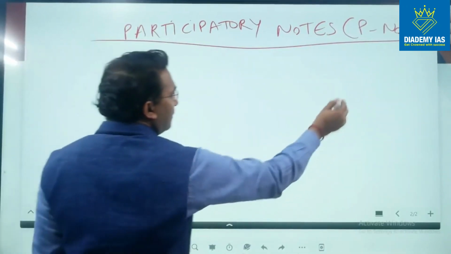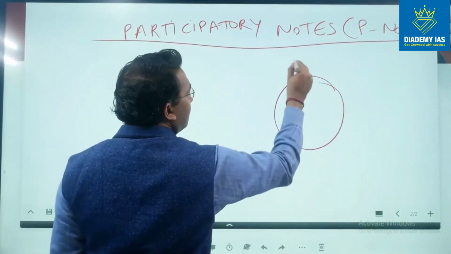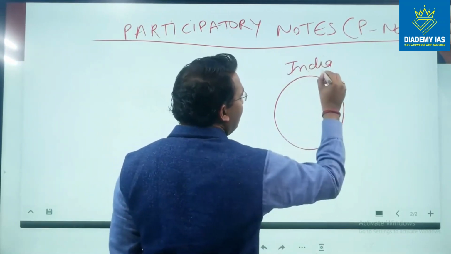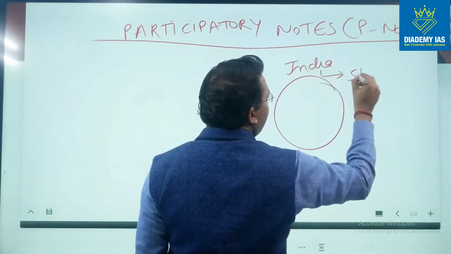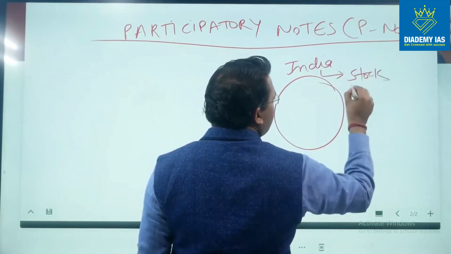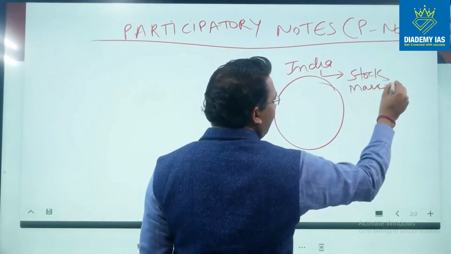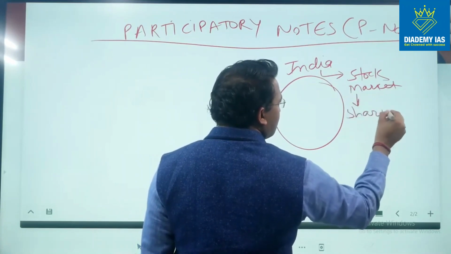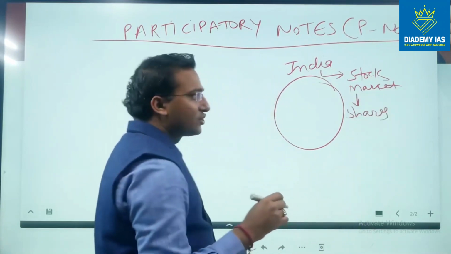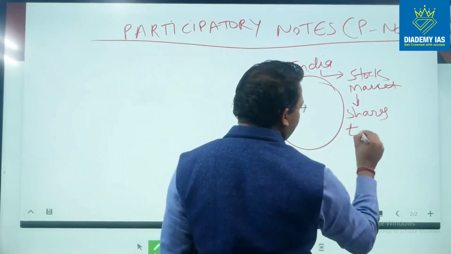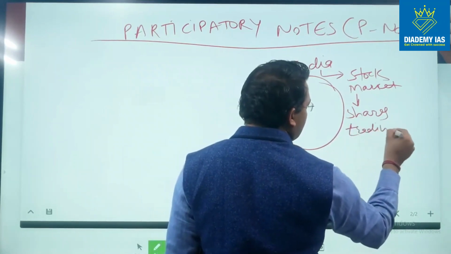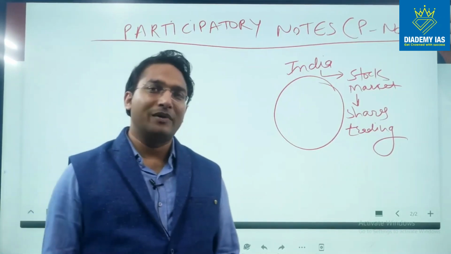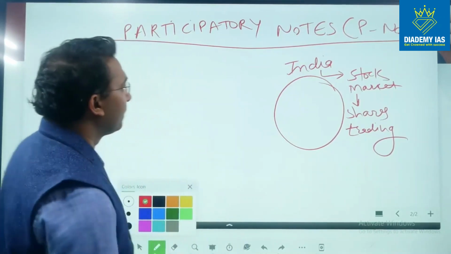Consider that this is India, and inside India this is the stock market of India, right? That means in this stock market the trading of shares takes place, the sale and purchase of the shares take place.